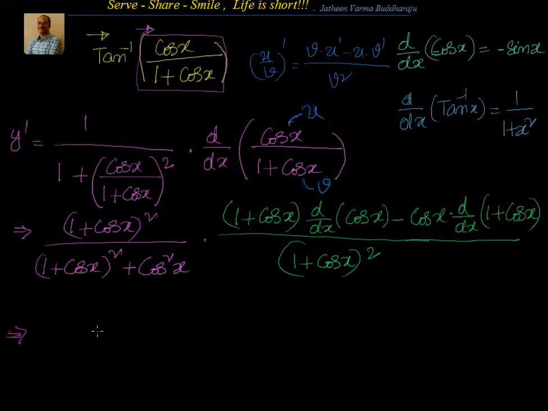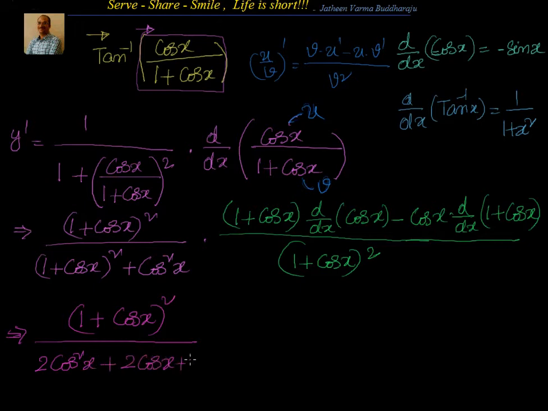We will have 1 plus cos x whole square divided by, if I simplify this, cos square x plus cos square x, 2 cos square x plus 2 cos x plus 1, then 1 plus cos x into minus sin x.